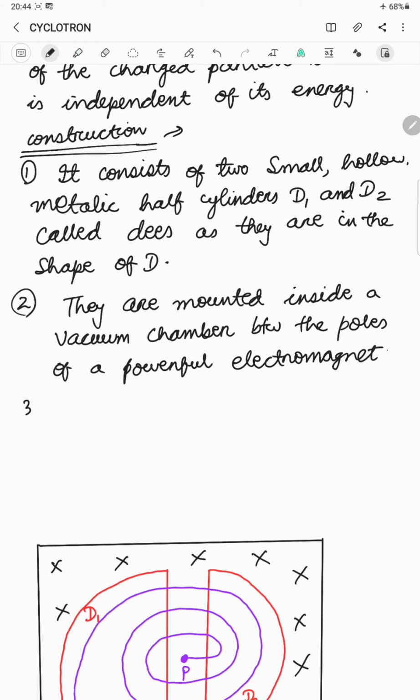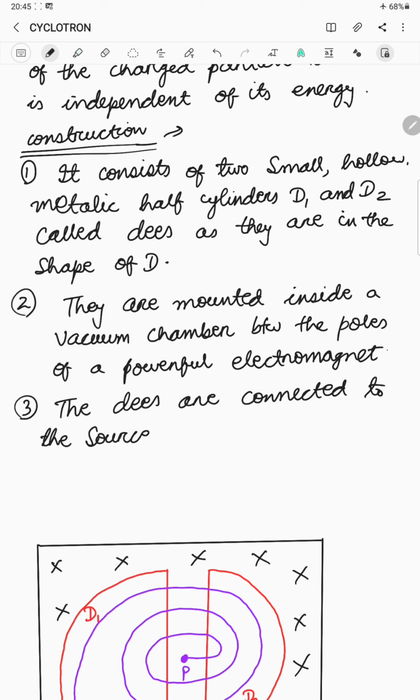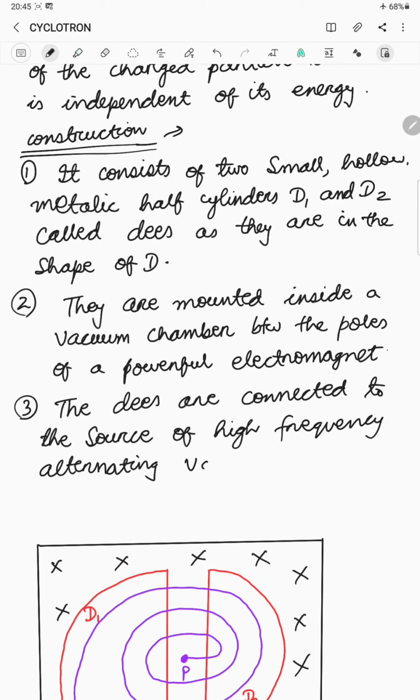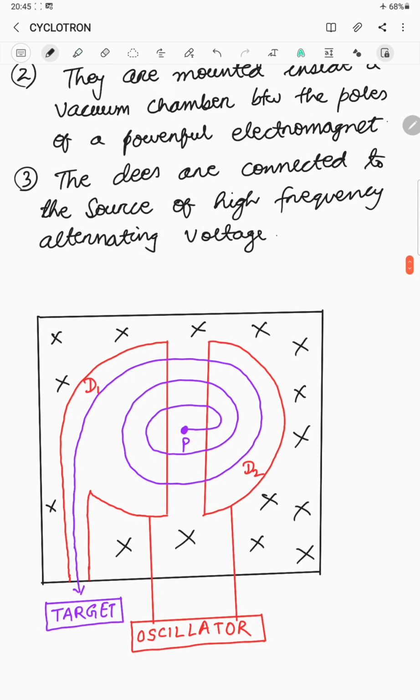The third point you can write here, the D's are connected to a source of high frequency alternating voltage, which I have shown as an oscillator in the diagram.